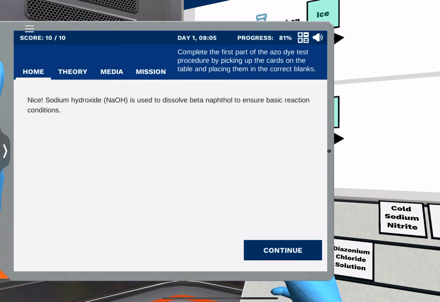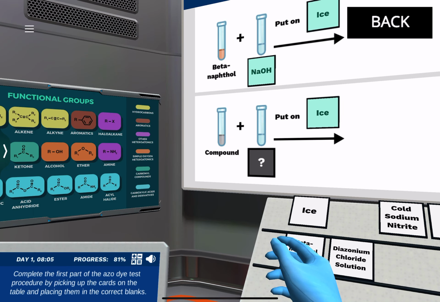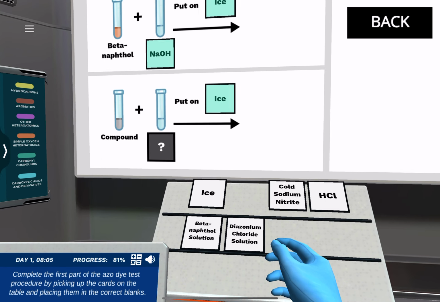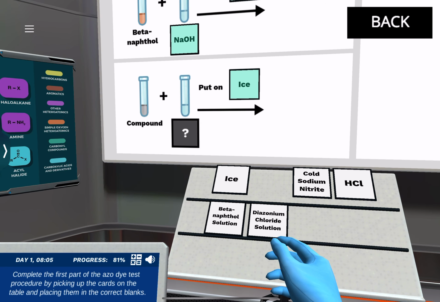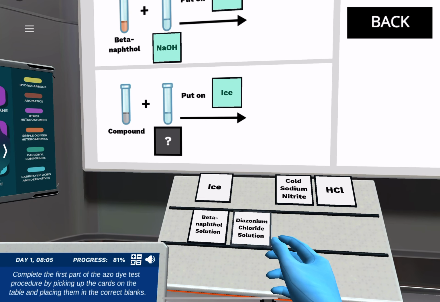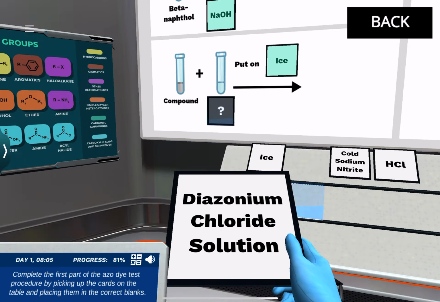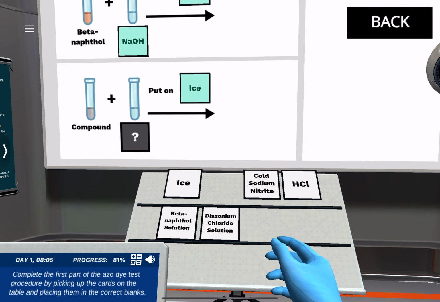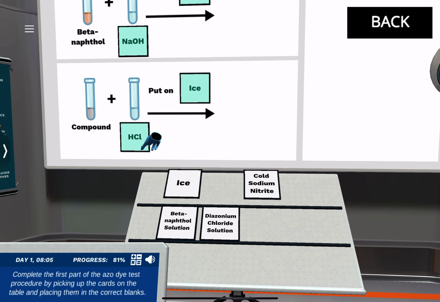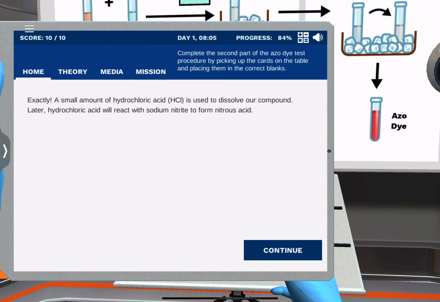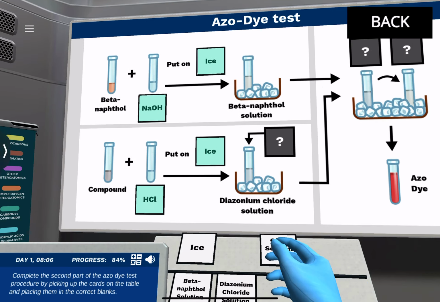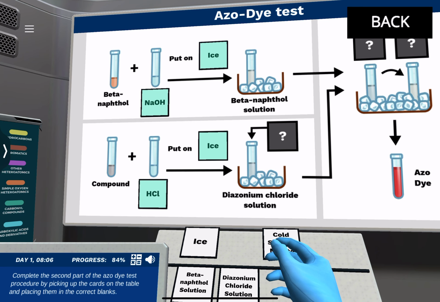Sodium hydroxide is used to dissolve beta-naphthol to ensure basic reaction conditions. Exactly. A small amount of hydrochloric acid is used to dissolve our compound. Complete the second part of the Azo Dye test procedure by picking up the cards on the table and placing them in the correct blanks.